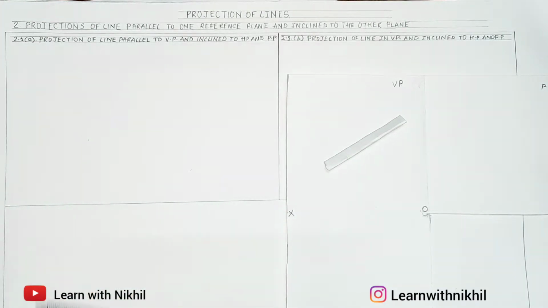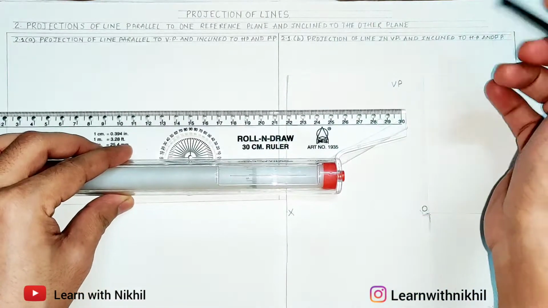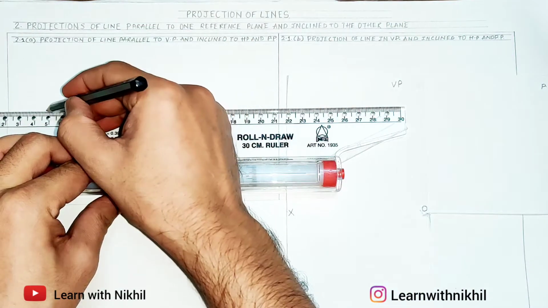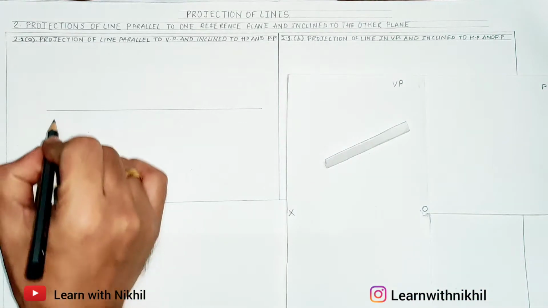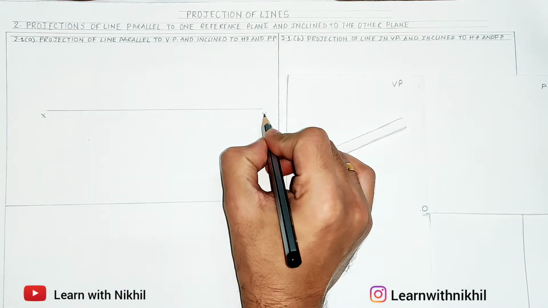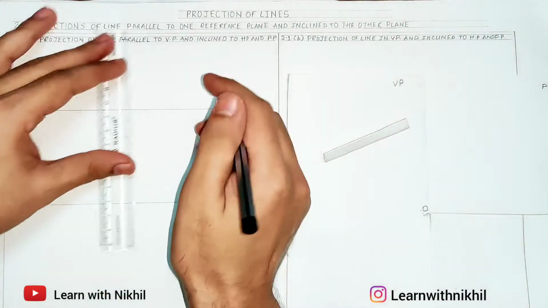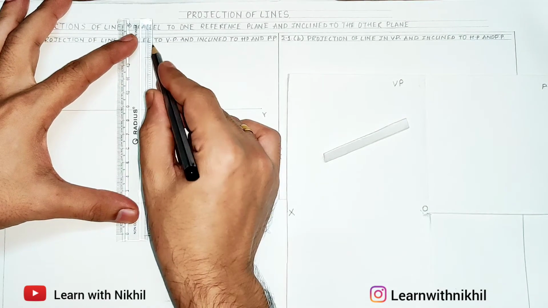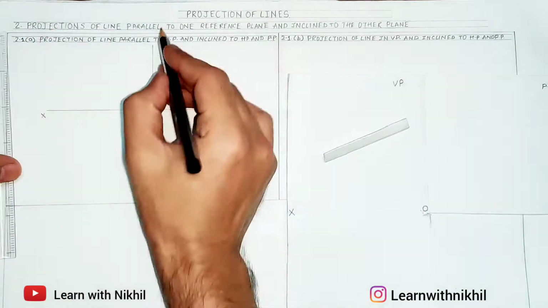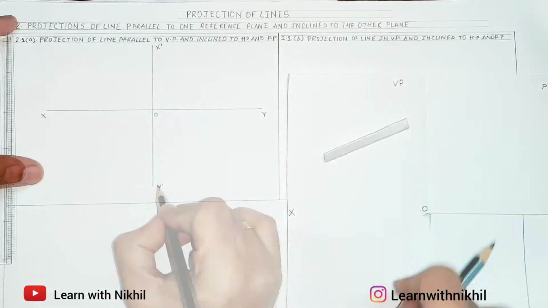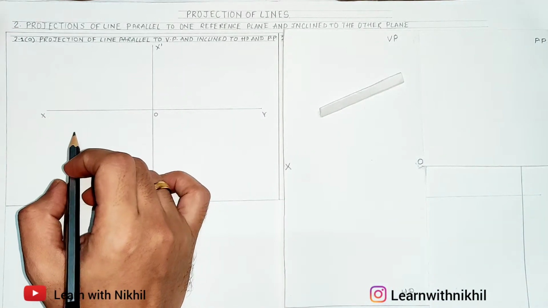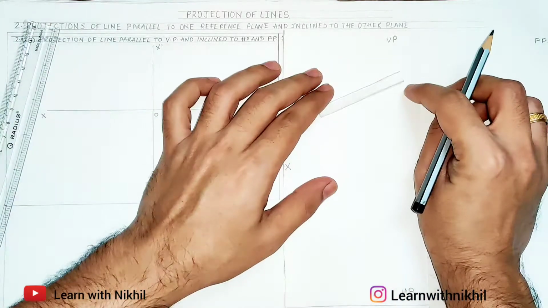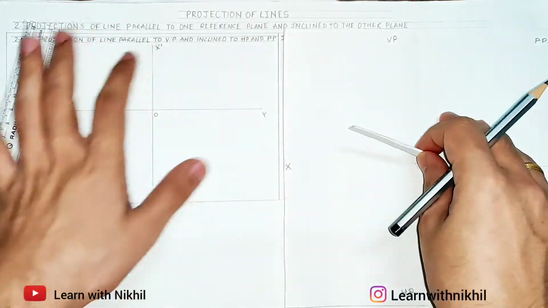First we'll draw the axis, the center line. This is the XY line and the vertical line X dash Y dash. I will start drawing with the vertical plane or the front view. So as you have seen, the line is like this.